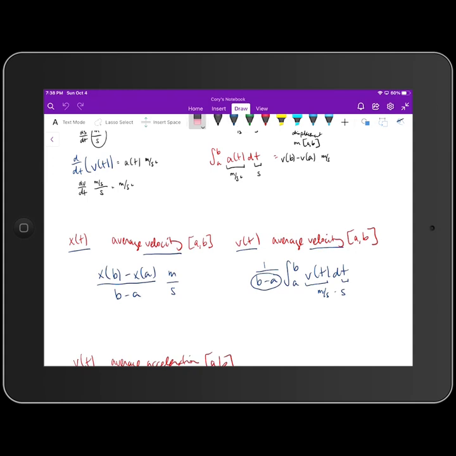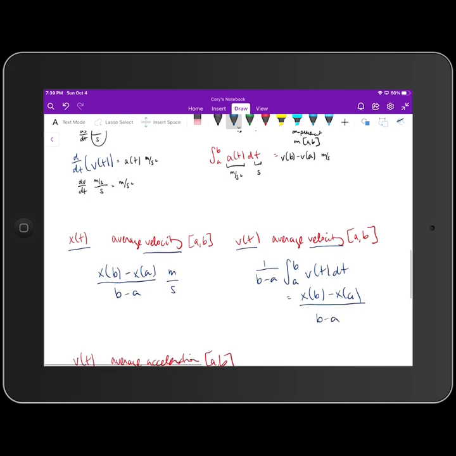At first glance, these two average velocity calculations look completely different. But believe it or not, they're exactly the same, because the integral from a to b of the velocity function is the position at b minus the position at a, and then we divide that by b minus a.